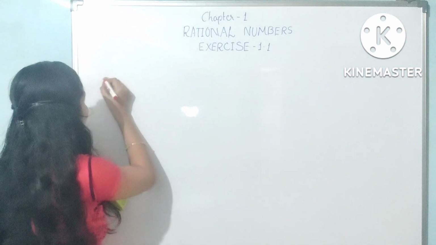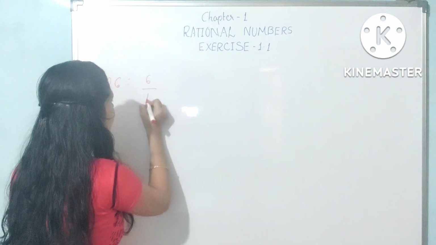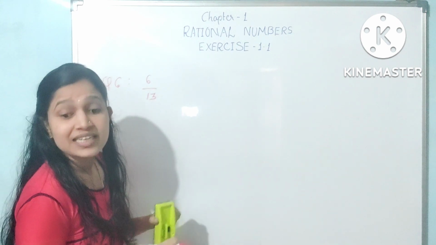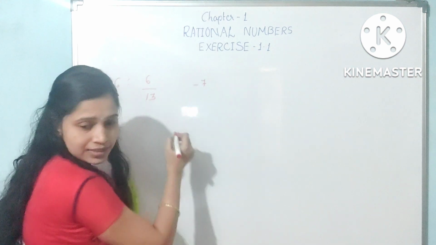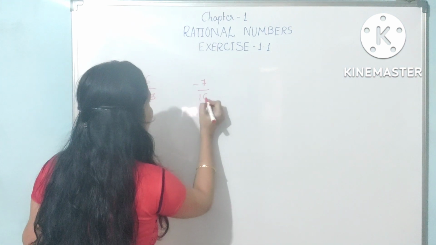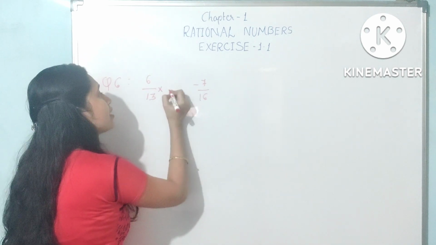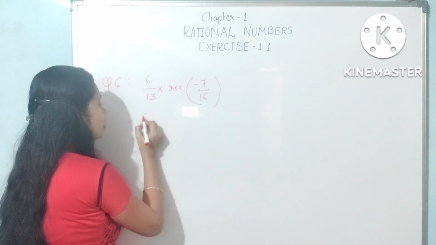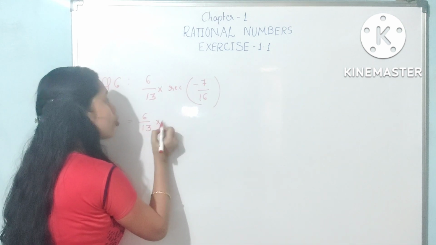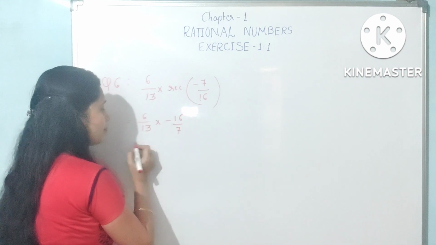Q6: multiply 6 by 13 by the reciprocal of minus 7 by 16. So what we have to do? We have to multiply 6 by 13 with the reciprocal of minus 7 by 16. So 6 by 13 into the reciprocal, which is nothing but minus 16 by 7.